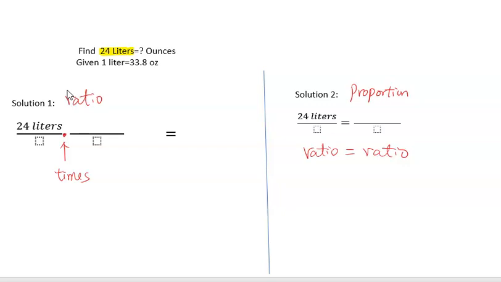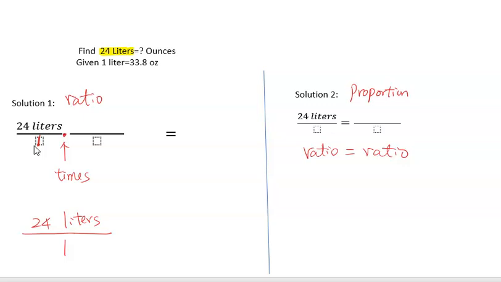In the first method, we multiply two ratios. The first ratio will come from the problem given. For example, we're given 24 liters, so we write down 24 liters. And because we want to turn this 24 liters into a fraction, we put a 1 underneath, at the bottom.